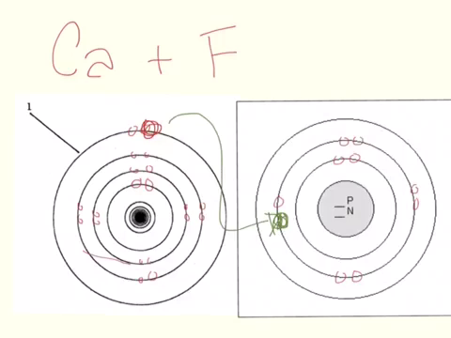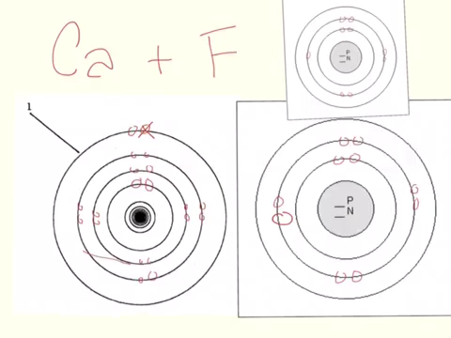Now, you still have this leftover one right here, and to make the calcium stable, you must put it in another fluorine atom. So I'm going to go ahead and make another fluorine atom. Go ahead and draw another fluorine atom, and then press play, and we'll go from there.